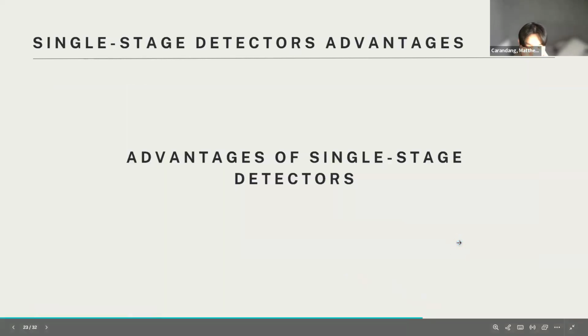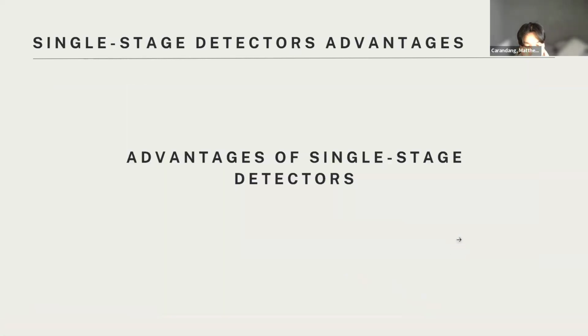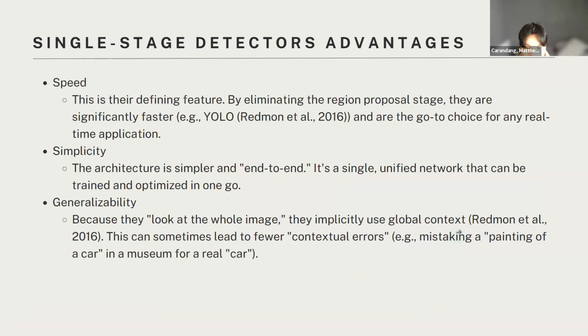So moving on to the advantages. I keep mentioning that the advantage would be speed. By eliminating the entire region proposal stage, these models are significantly faster.